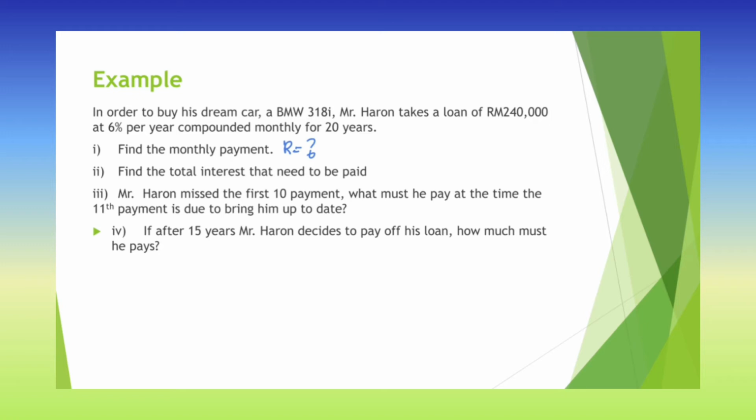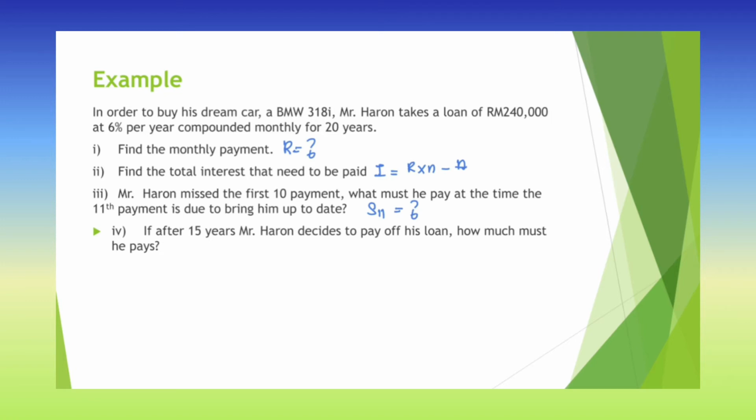Question 2, find the total interest that needs to be paid. So total interest is R times N minus A. And then question 3, Mr. Harun missed the first 10 payments. So what must he pay at the time the 11th payment is due to bring him up to date? So here we have to find S11.